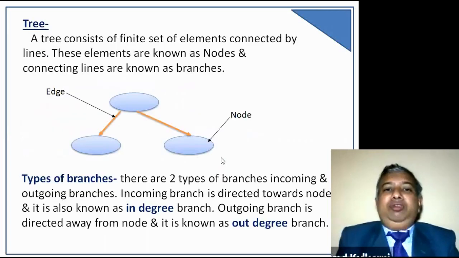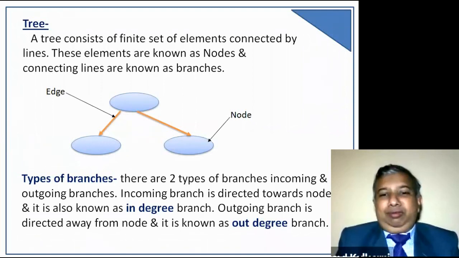Tree consists of finite sets of elements connected by lines. These elements are known as nodes and connecting lines are known as branches. You can see in the figure, nodes are shown by circles and edges are shown by arrows. There are two types of branches.